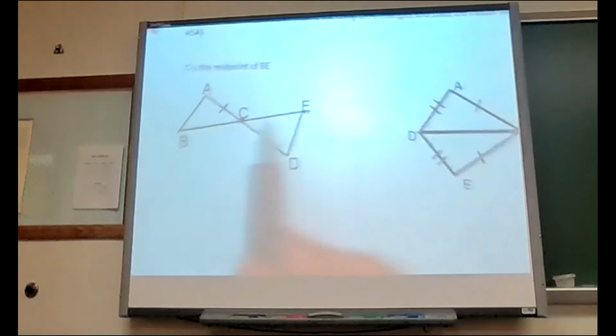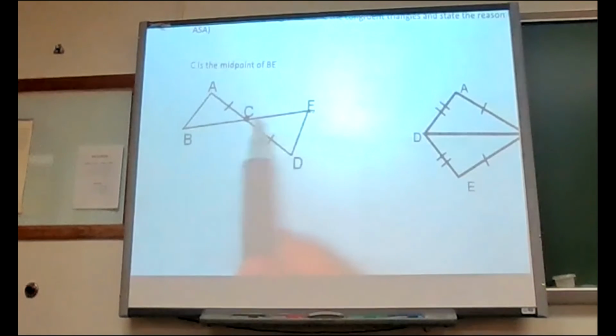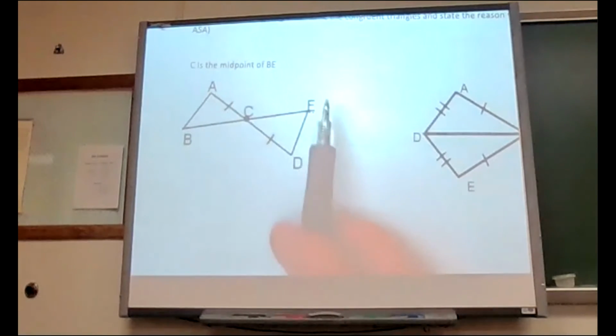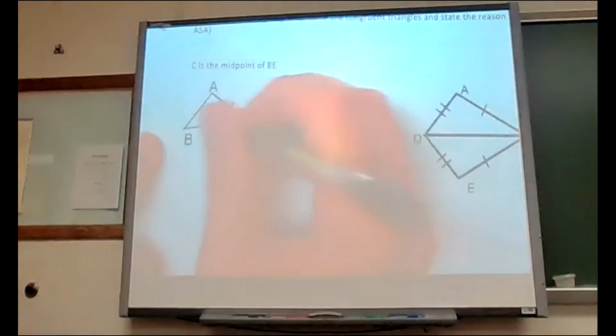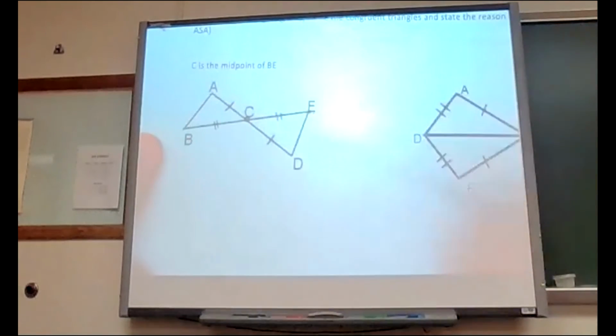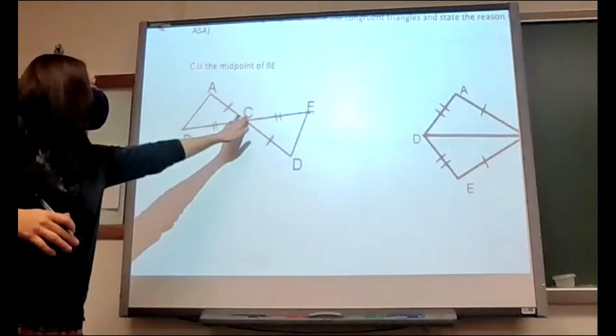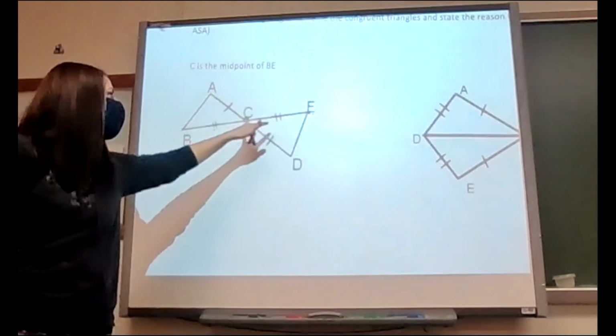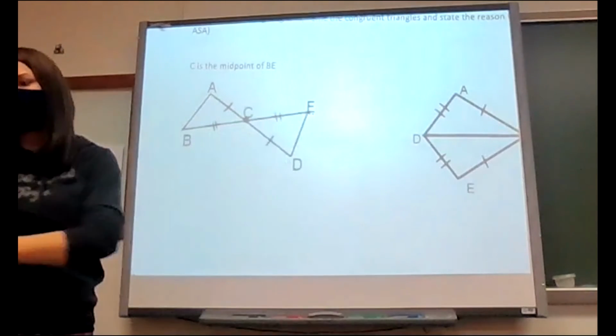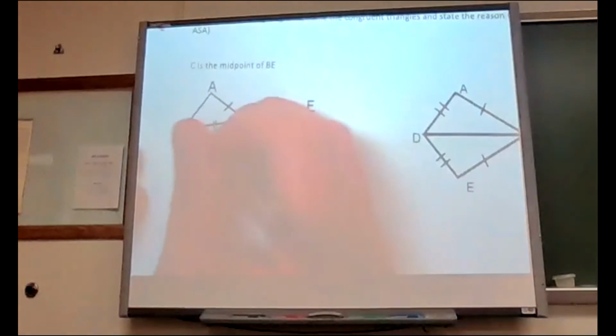C is in the middle of BE. Is AD equal to AB? Well, not necessarily. I don't know that these are the same. But if C is in the middle of this segment, then it broke it into two equal amounts, the same amount on both sides, so this length BC would be equal to this length CE. So that's one thing that I can take from that.